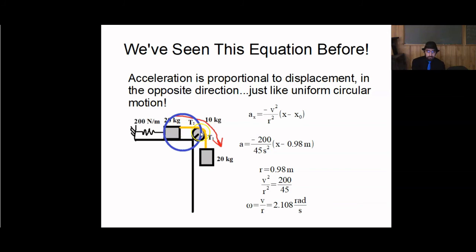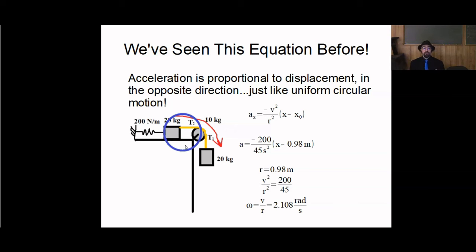But as it's going back and forth, imagine that simultaneously there was a particle rotating around in this blue circle at constant speed. It turns out that the x-coordinate of the particle rotating around the blue circle would be directly above or below the point on this block.